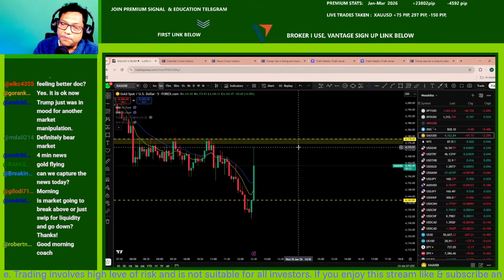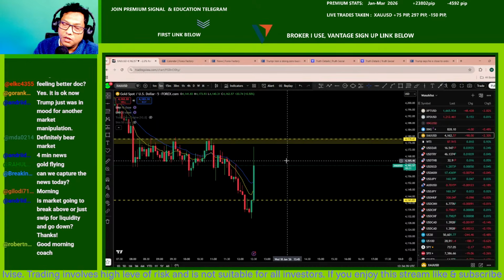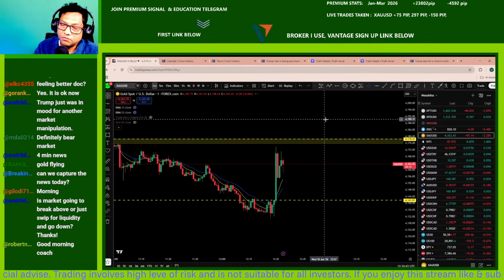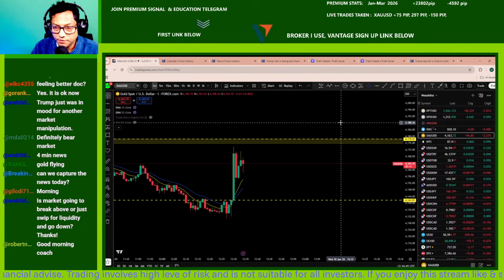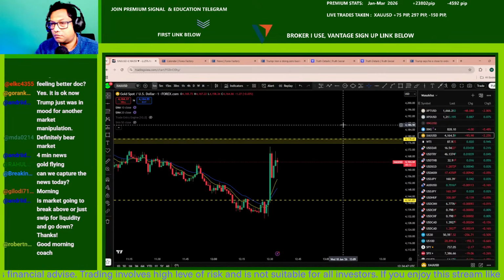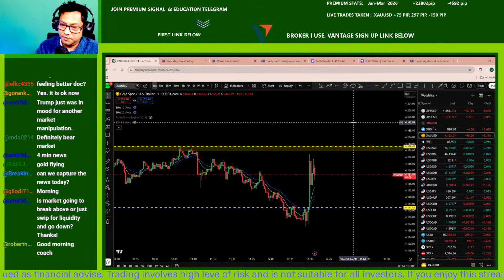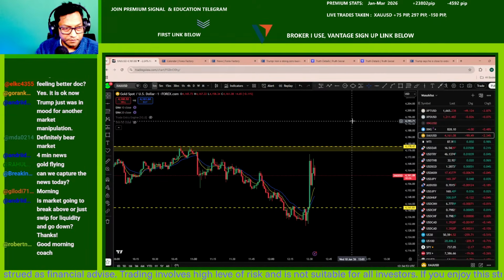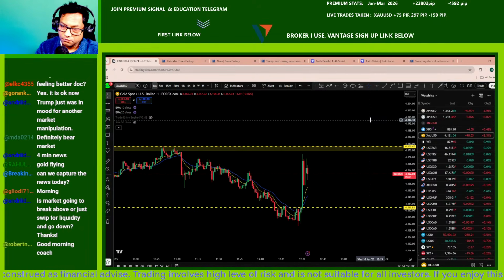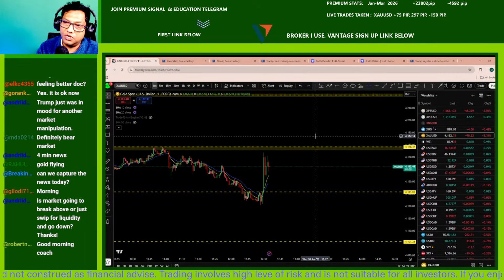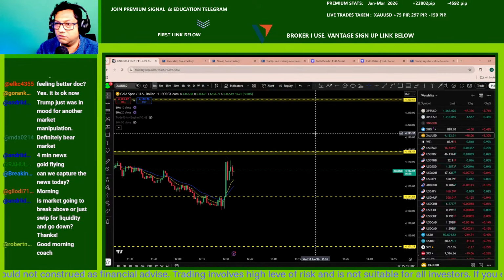From this support, this is an initial move back up. So breaking out of this key resistance line is where you'd like to see a potential entry opportunity in this market.